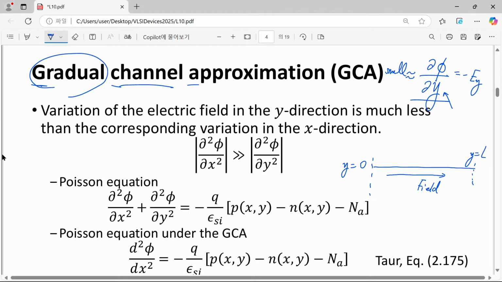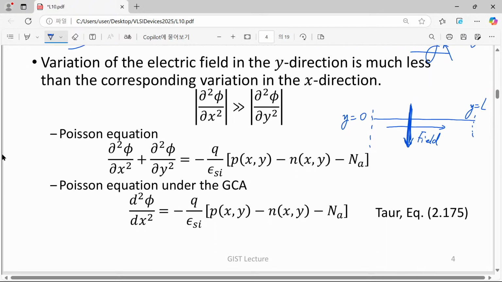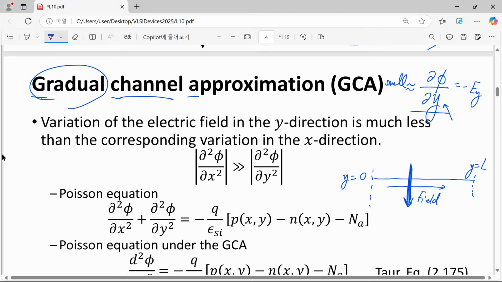So in this case, along the vertical direction, the component along the vertical direction, we have relatively small differences in our lateral electric field. I just told you in terms of electric field, but more exactly, this is the exact description of the gradual channel approximation.